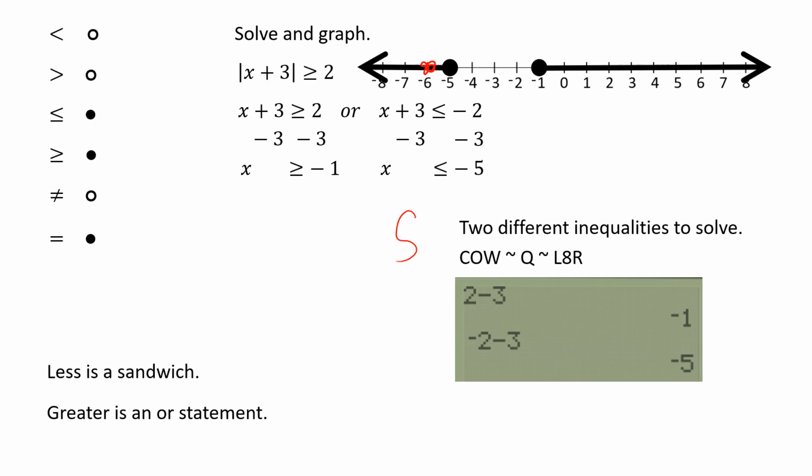That's why we cannot just string it all together, and we have to actually write it as an or statement with two different pieces there. Right? So greater is an or statement. Think about the oars going out each side of a boat.